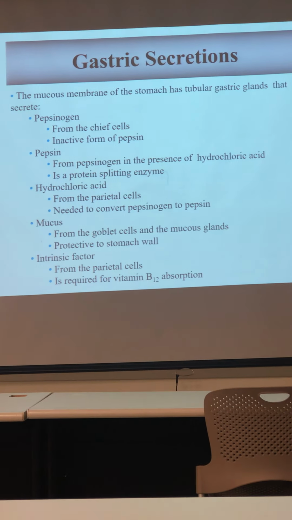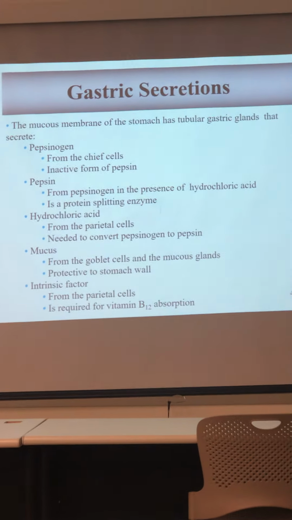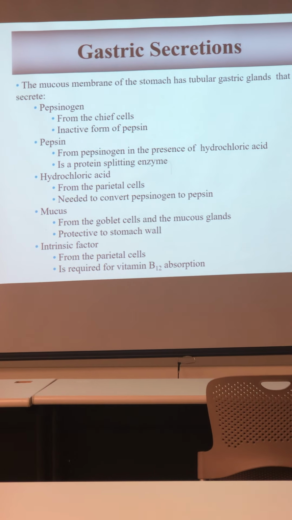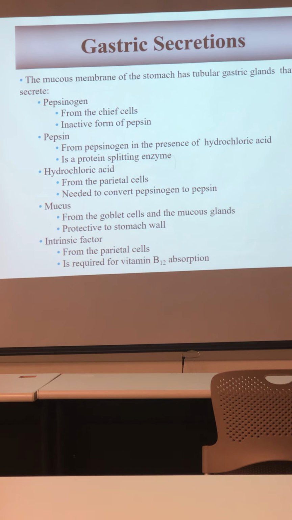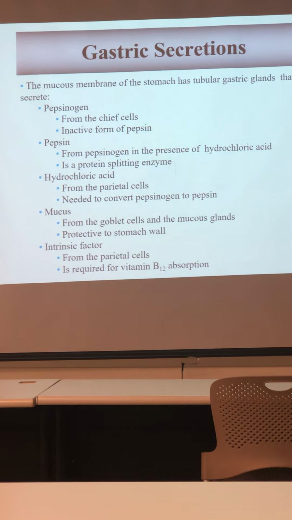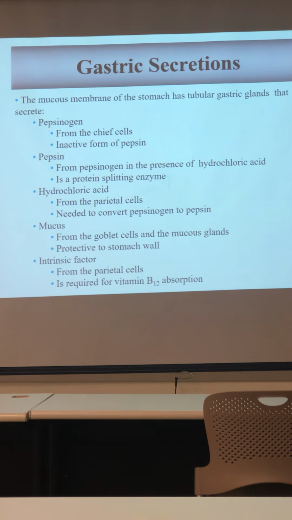Let's go on here. All right, gastric secretion. Down in the pit of the stomach, you have cells that secrete certain products. Hydrochloric acid is secreted in your stomach. That's why, not to make fun of anybody, but it always tickles me when people say, well, I secrete too much acid. Well, you should. That's your stomach being able to break down protein. But what cells do that?